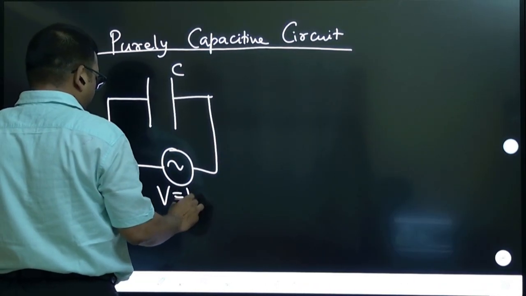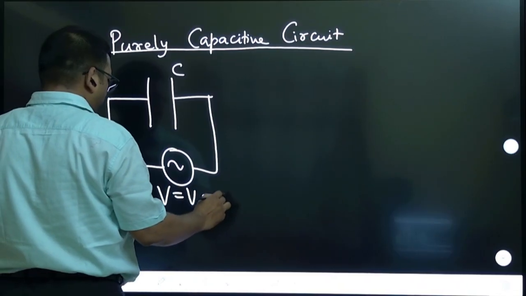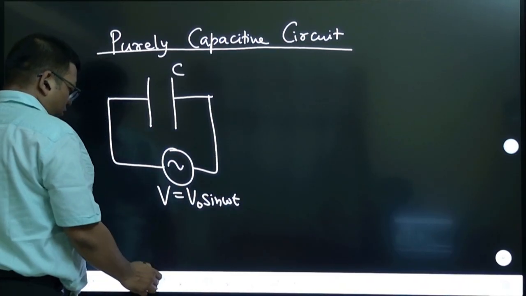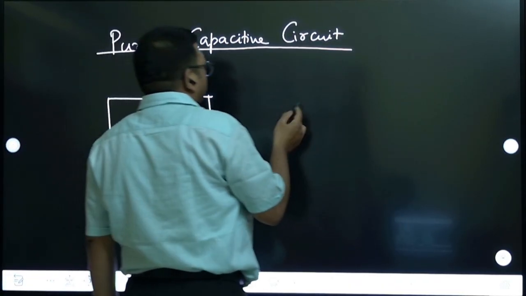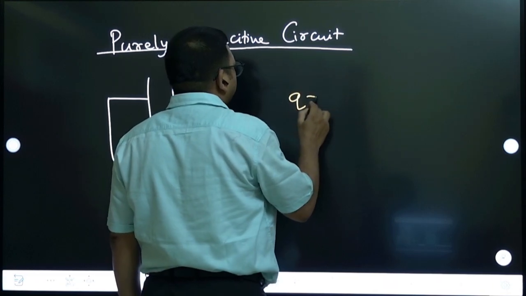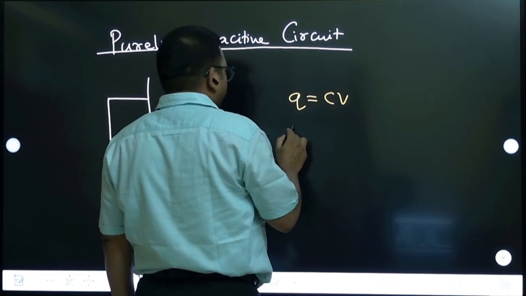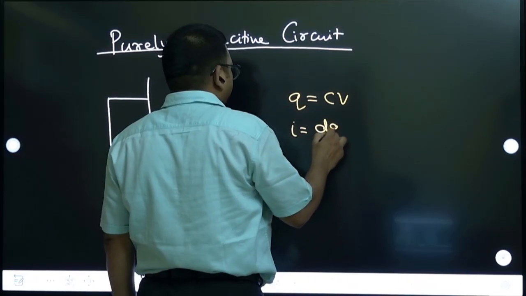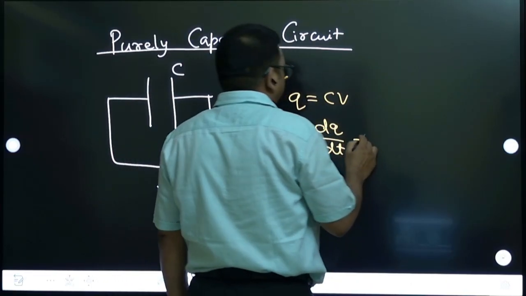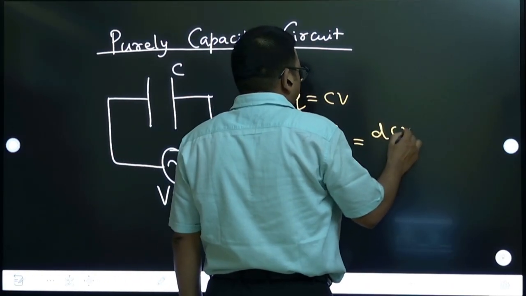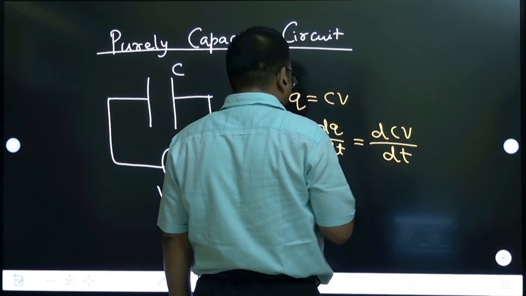V is equal to V naught sine omega t. We know that Q is equal to C into V. So I is equal to dq by dt, which is C into dV by dt.